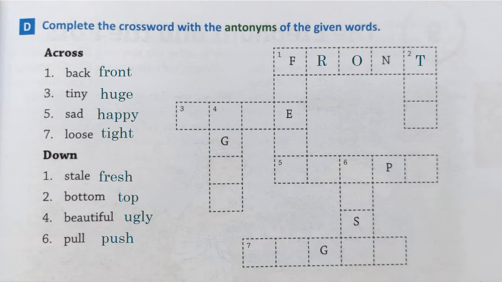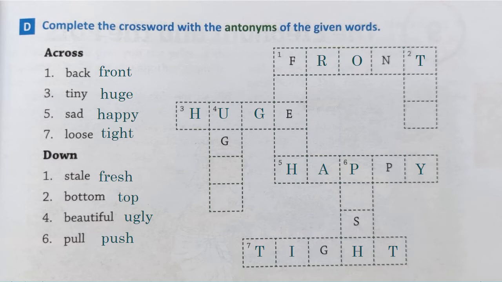So remember that you also write them in capital letters. Next, tiny, huge. Write it here in number 3, huge. Next, sad, happy. Then we have loose, tight. Last at the end, tight.